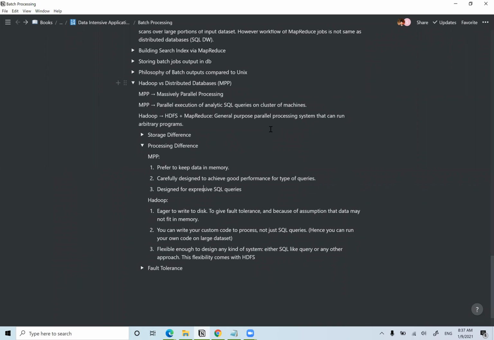A Snowflake admin will say, okay, for your team I will give you a 100 node warehouse, and for my team, 25 node warehouse, and they are entirely different. The 100 node warehouse doesn't have anything to do with the 25 node warehouse. Both can run at the same time.